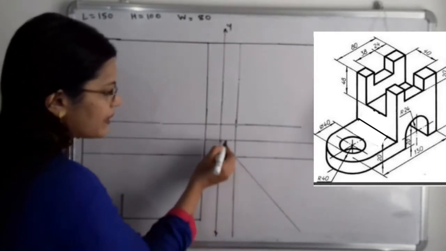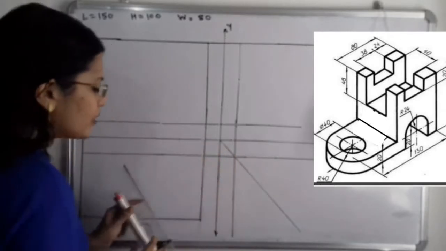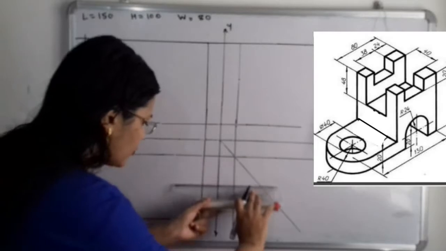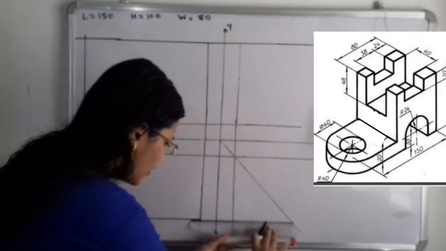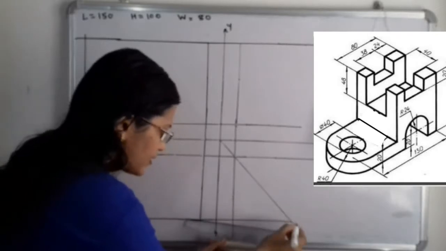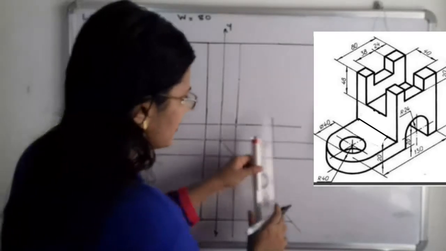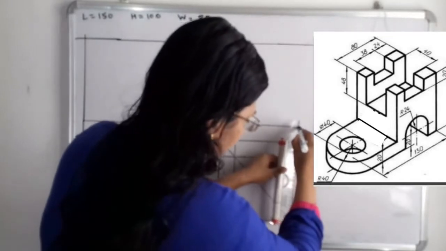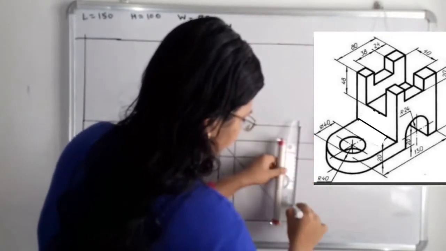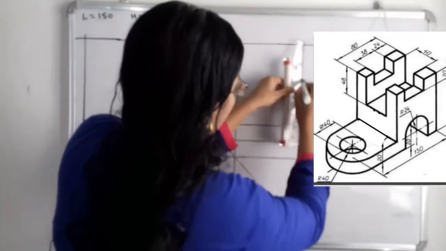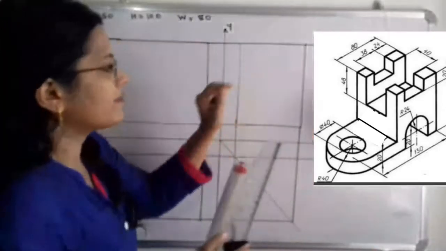Now project the line parallel to the x-axis up to this 45 degree line. Here is the point of intersection. From this point of intersection we take the vertical line, and here will be our projection. So this will be our side view.